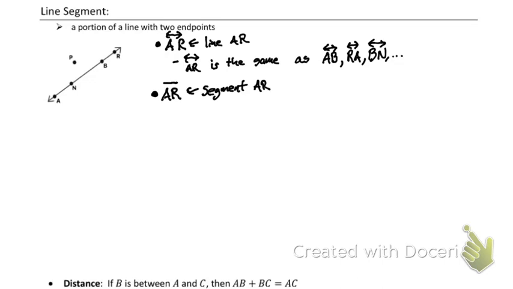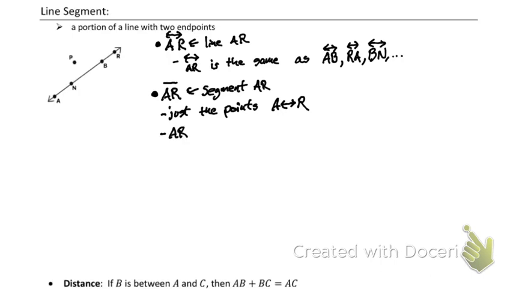It's got two endpoints. So what we're talking about in that segment is we are no longer picturing those arrows. It is strictly that distance or the range between A and R. Note, since there aren't arrows, it is just the points between A and R. It doesn't matter which direction you list those.